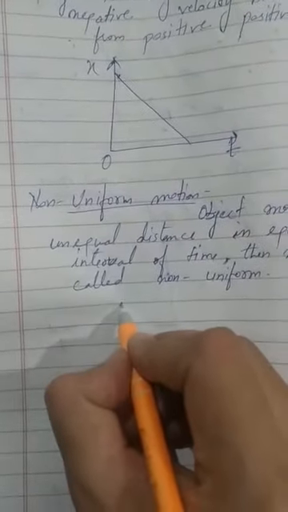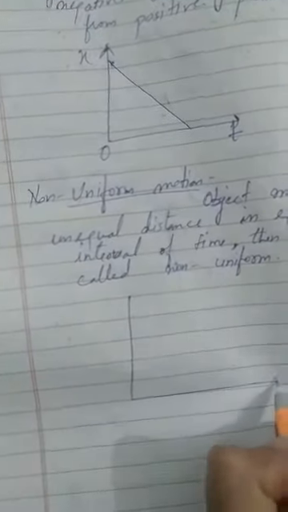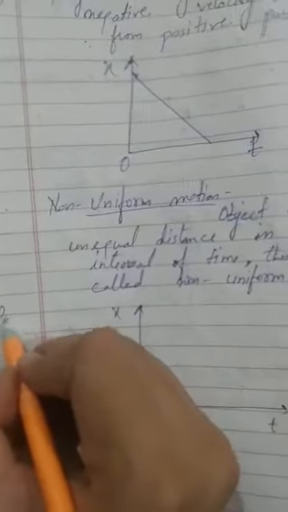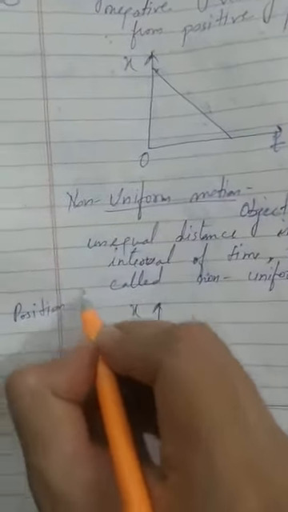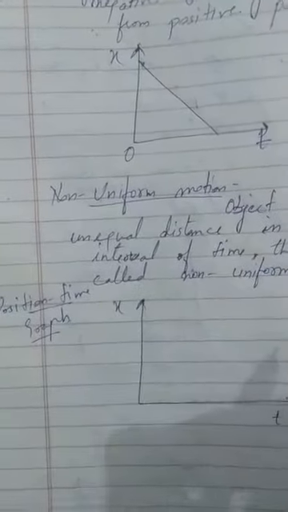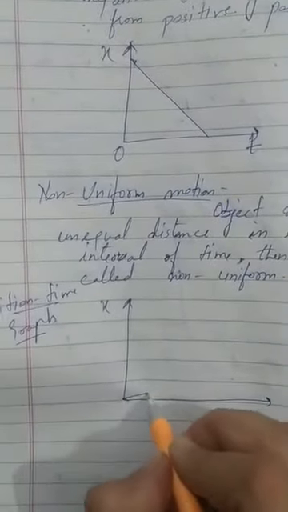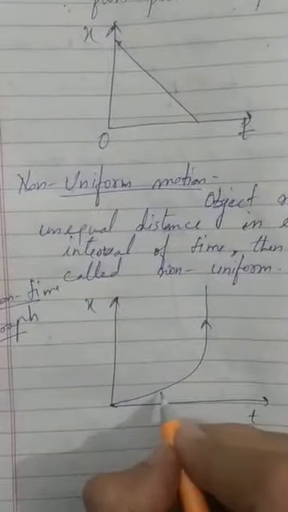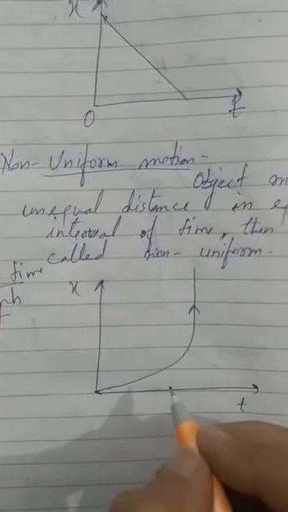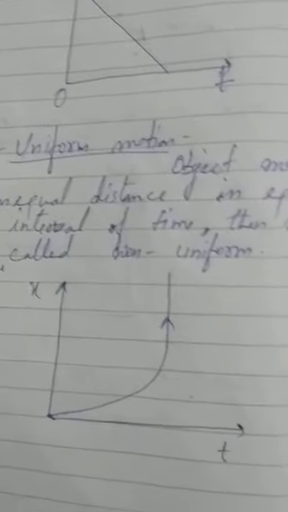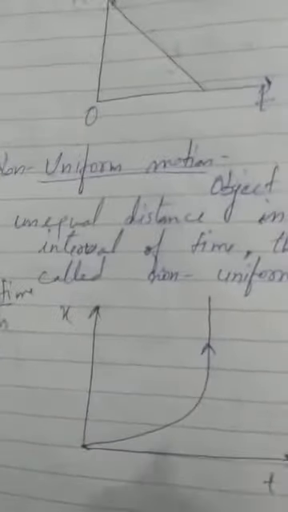Then we can make the graph like this. Then x and t, the position-time graph. Now we are making the position-time graph like this. This is a non-uniform motion. Clear now everyone? This one is a non-uniform motion.